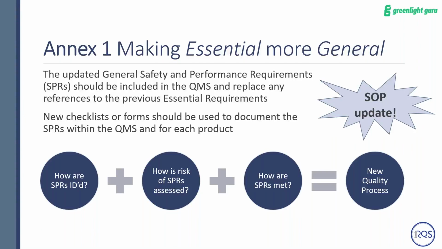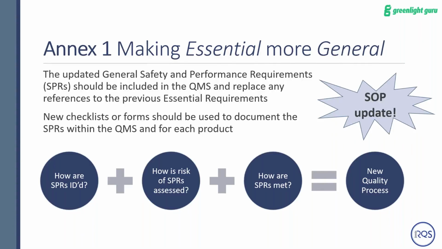All right, making the essential requirements more general. I'm sure everybody that has done a CE Mark, has a CE Mark device on the market, is familiar with the essential requirements and their role in your technical file and your risk analysis and making sure your device complies with that. Typically, it's some sort of checklist or document where you're walking through each step and showing if it applies, if it doesn't apply, and then how you meet that part of the essential requirements, either with risk or testing or materials or whatever it may be, depending on the section.